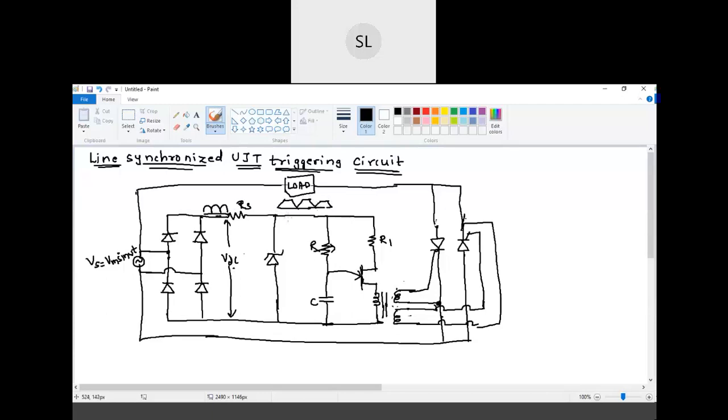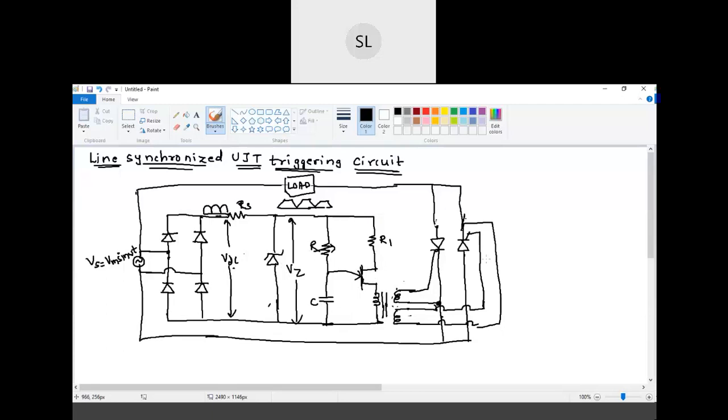So some part of this DC voltage will get clipped because of VZ, that is nothing but the voltage across the Zener diode. Now this VZ will be applied as an input to this relaxation oscillator.